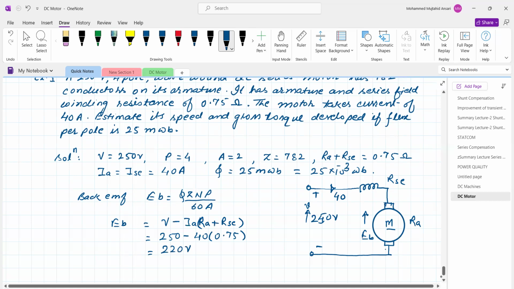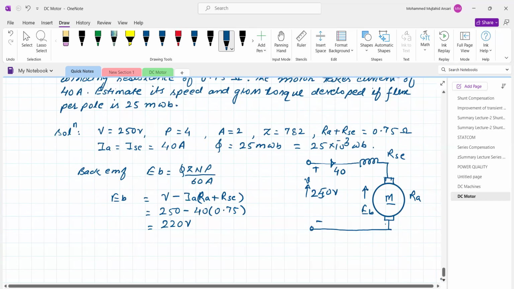So now this is 220 volt, and we know the armature torque TA, just as we have derived the equation, is 0.159 into phi into Z into IA and P upon A. So if you put in the values, we get the speed.